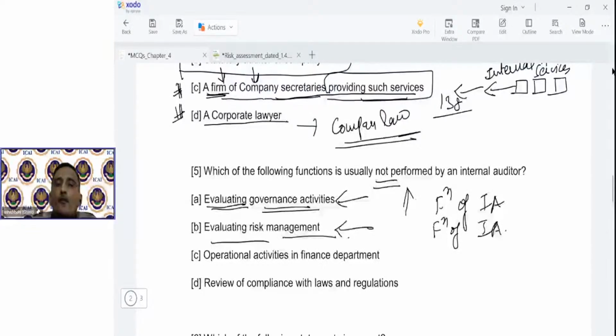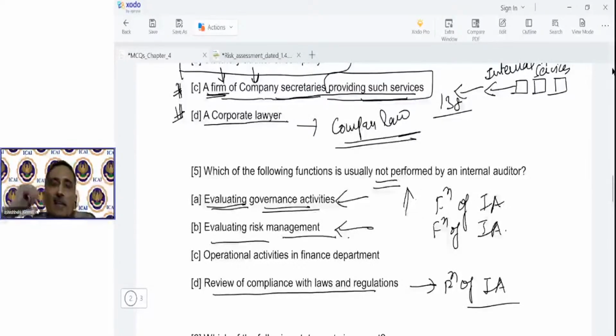Review of compliance with laws and regulations. This I had already told you by giving the example of advance tax, payment of advance tax and TDS. Very simple example. We had also discussed the example of compliance with pollution laws. So the internal auditor reviews that the company is law compliant.